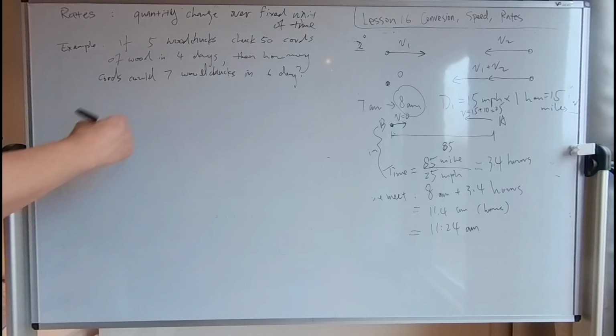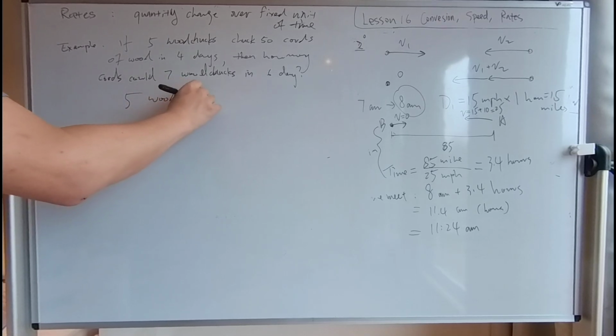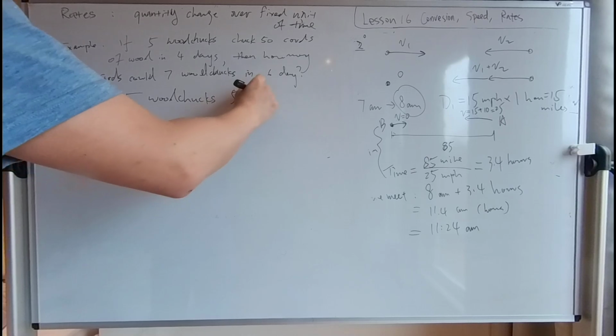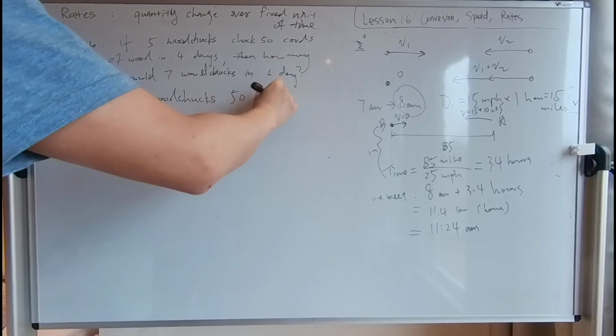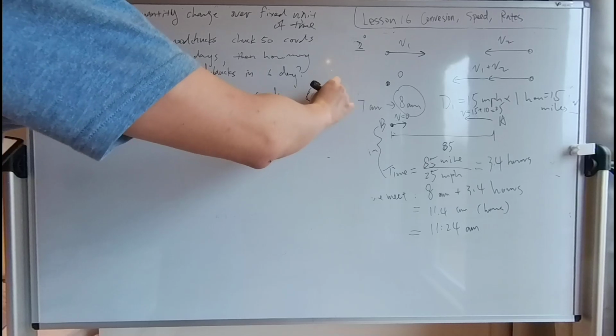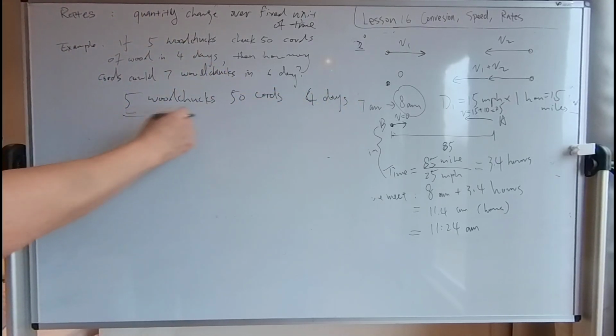So first of all, we know that we have 5 wood chunkers dealing with 50 cords of wood in 4 days. So first of all, this means we have a ratio.